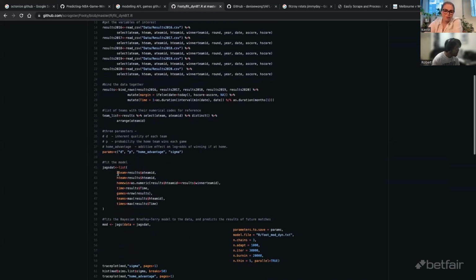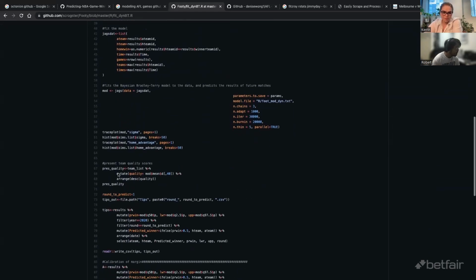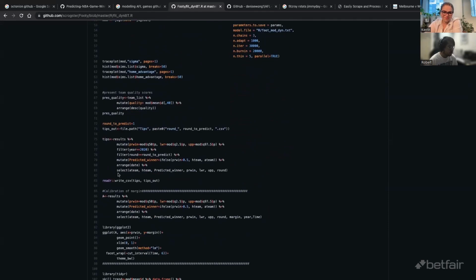And then you can see exactly how they fit it. And if you wanted to, you could just copy that code, run it yourself, change the variables, maybe use the same variables but create some ratios, that sort of thing, and see if they perform a little bit better. And there's a whole heap.